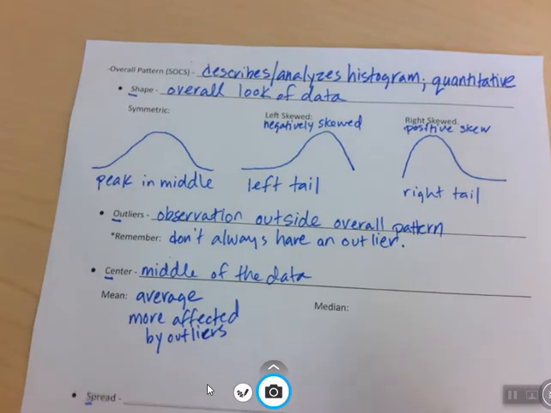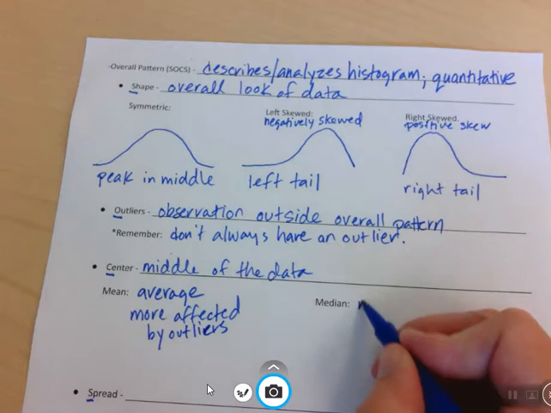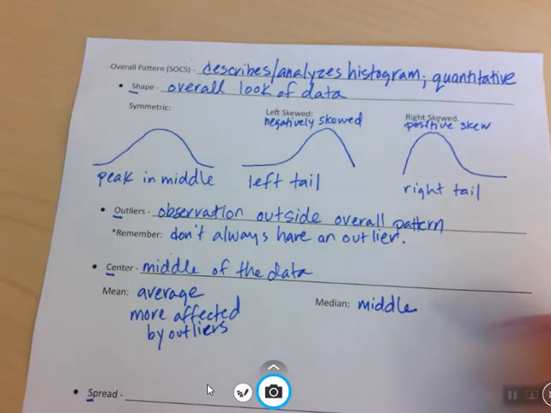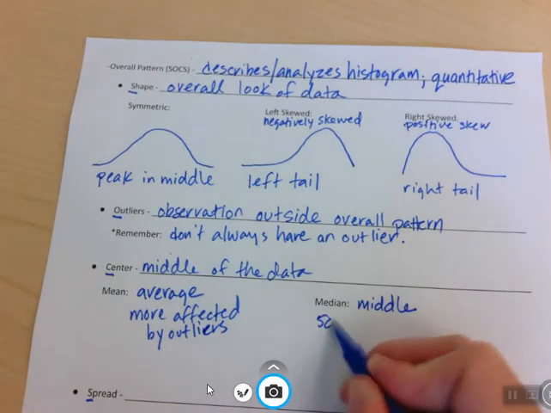All right, the median is the middle number, which means 50% of the data is below it and 50% is above it.